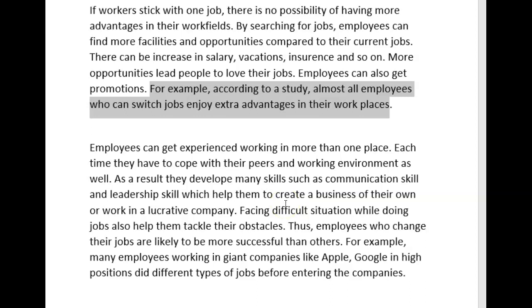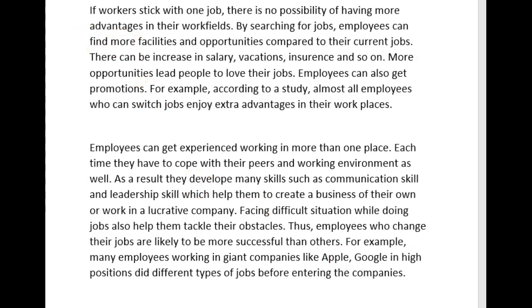Facing difficult situations, S, while doing jobs also helps, S, them tackle their obstacles. How? What do you mean? Thus, employees who change their jobs are likely to be more successful than others. For example, many employees working in giant companies like Apple and Google in high positions to different types of jobs before entering the companies.